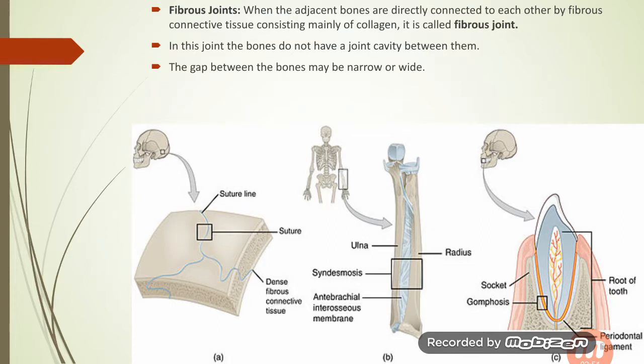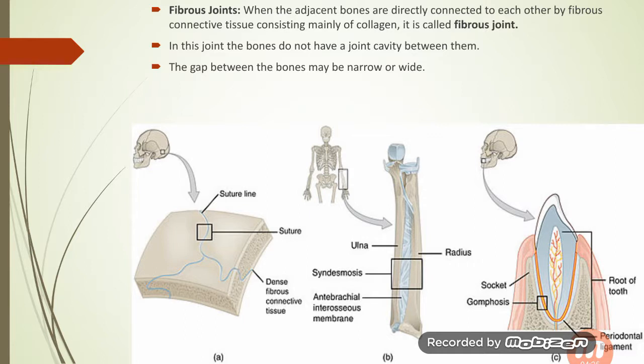In middle age, sutures become ossified and they fuse. Immovable joints join the skull into one unit that protects the brain. Sutures are closed, immovable. They are referred to as synostosis.